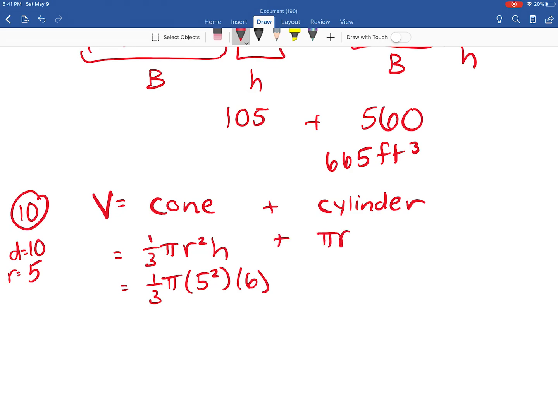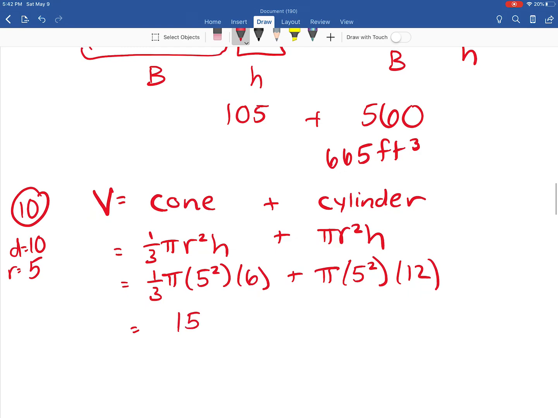The cylinder is the area of the base, or pi r squared, times h. So that would be pi times 5 squared times the height of the cylinder is 12. And now go to your calculator. Exponents first, 5 squared times 6 times pi divided by 3, or multiply by 1/3.